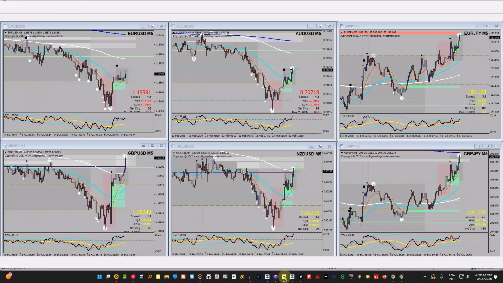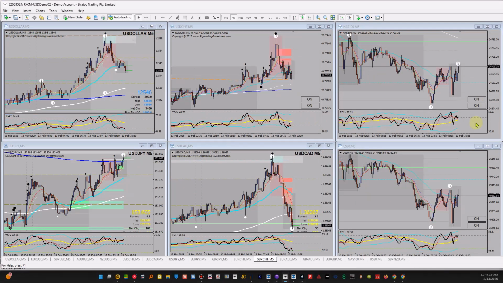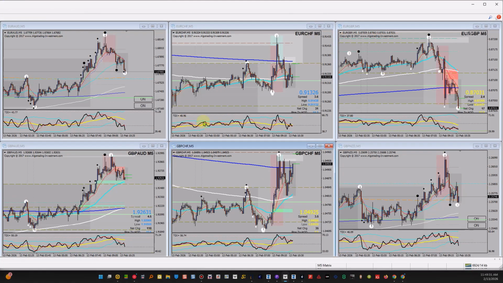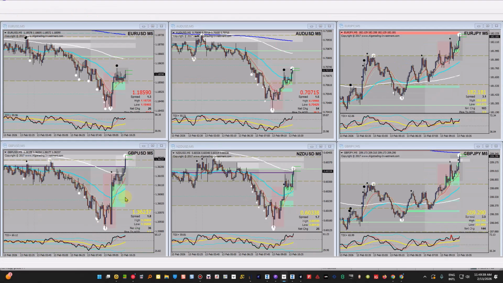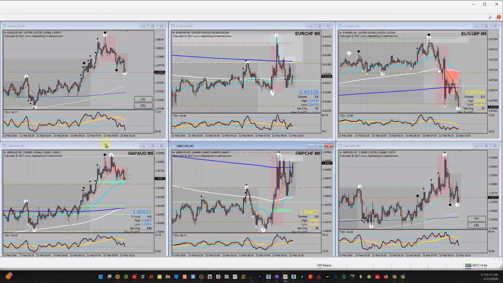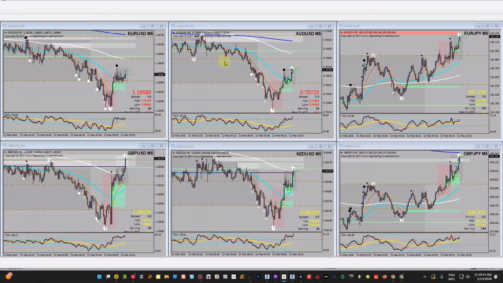My M5 matrix is where I have nothing but M5 charts open across my multiple monitors. And you can do this with one monitor. As you can see, I have nothing but the M5 charts on each one of my screens, and you don't have to make them small squares.